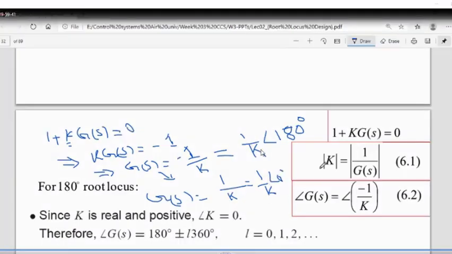Now from here it is evident that we have an angle of 180 degrees when k is a real positive number, and when k became a negative real number we got an angle of 0 degrees. So that is why we normally call the root locus the 180-degree root locus, and the other one the 0-degree root locus or the complementary root locus.